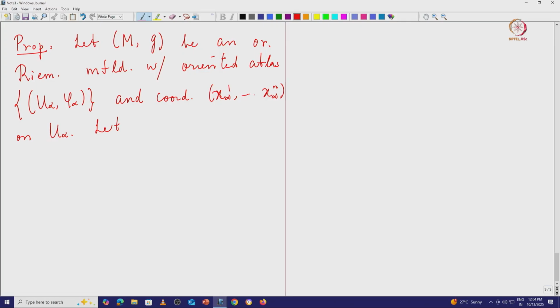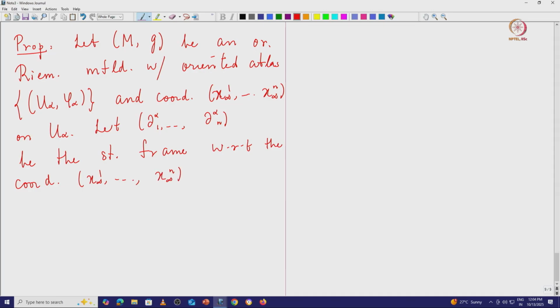So let ∂_alpha_1 up to ∂_alpha_n be the standard frame with respect to the coordinates x_alpha, sorry, this looks like an infinity symbol.